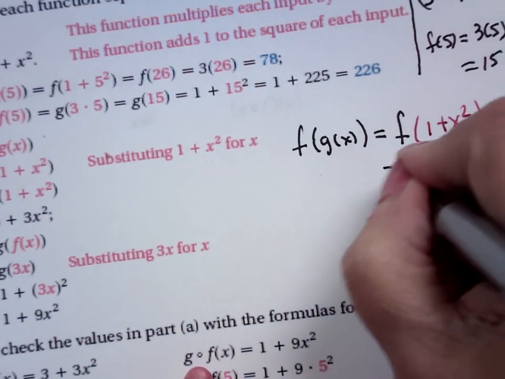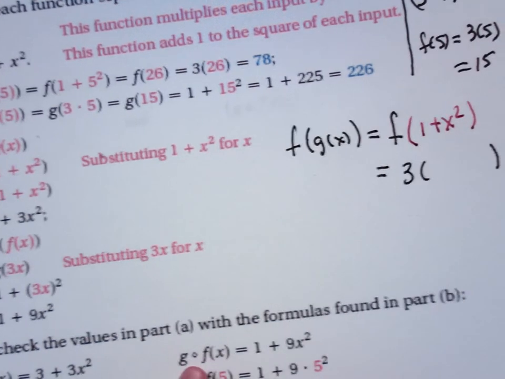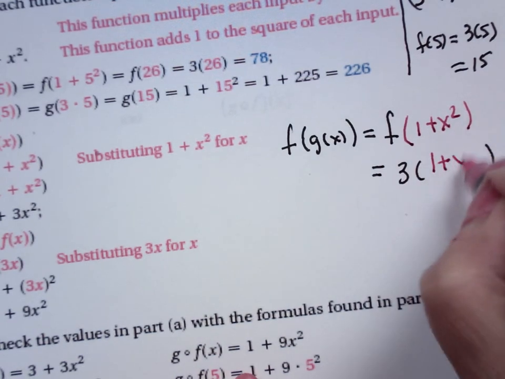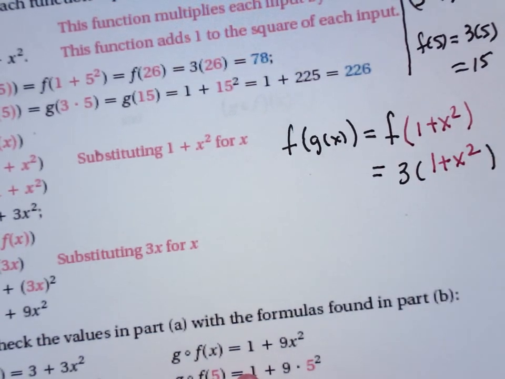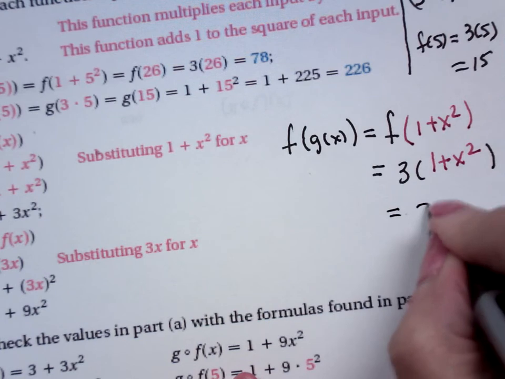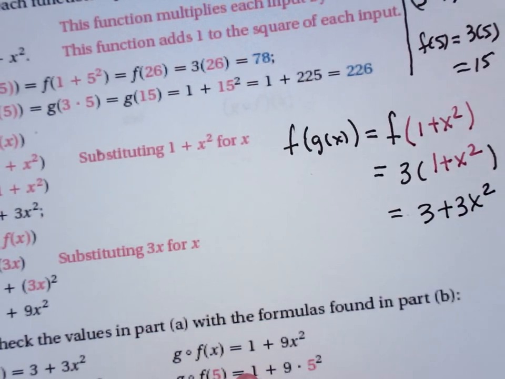So in f, you're going to pull the x out and then replace it by g. And so this then becomes 3 plus 3x squared. New functions from old.